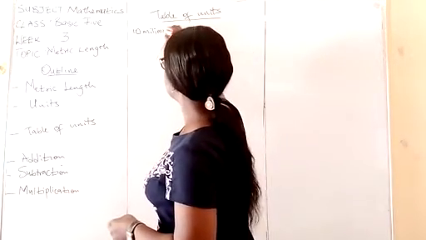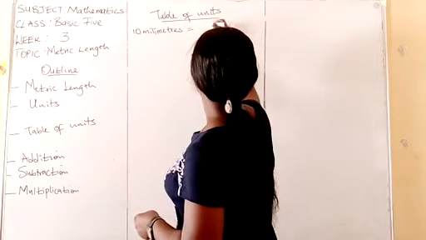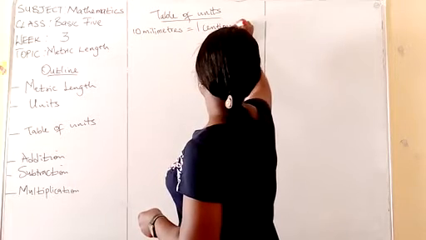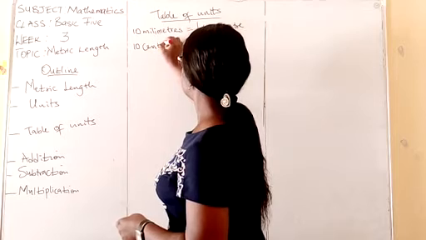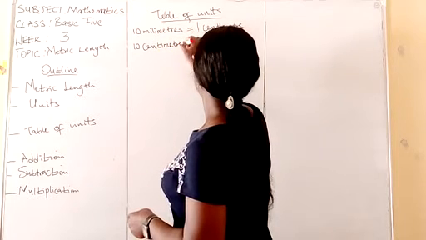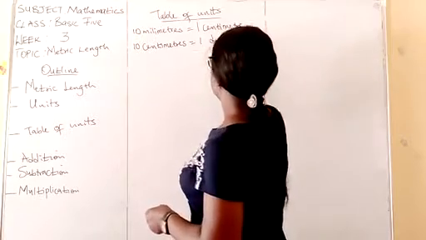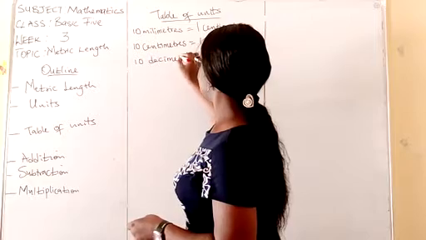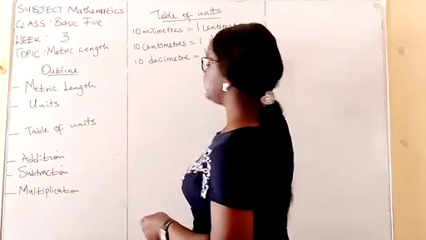So we have that 10 millimeters will give us 1 centimeter. Now 10 centimeters will give us 1 decimeter, and 10 decimeters will give us what? 1 meter.